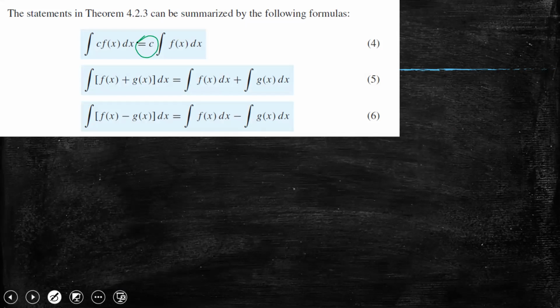If I have two functions that are added, like integration of f of x plus g of x, I'll distribute the integration sign to f of x and to g of x. And if they are subtracted, I will do the same step. I'll distribute the integral sign for f of x minus the integral sign of g of x.